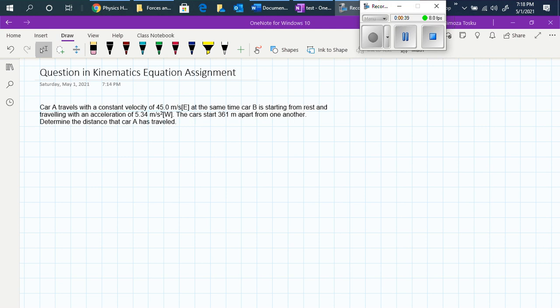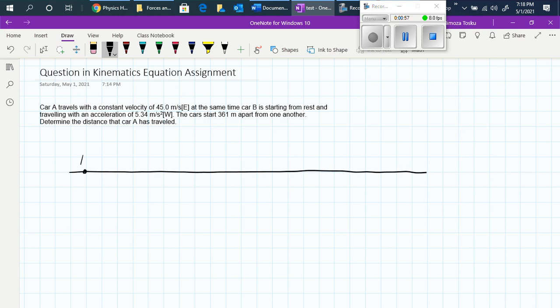The cars start 361 meters apart from each other, and we are determining the distance that car A has traveled. So the situation is something like this. This is the starting point for car A, and this is the starting point for car B. Car A is moving with a constant velocity of 45 meters per second in the east direction, while car B is starting from rest.